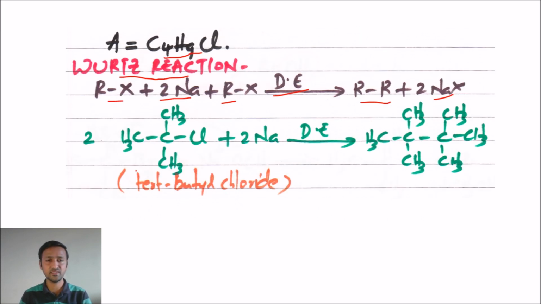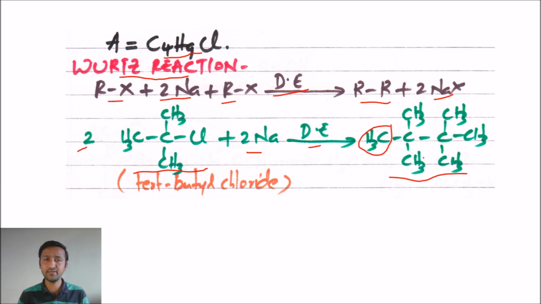We should start with tertiary butyl chloride. If you take 2 moles of tertiary butyl chloride upon reaction with sodium metal in the presence of dry ether, you'll get formation of 2,2,3,3-tetramethylbutane. In this structure, all methyls are the same, in the same chemical environment, or you can take it as all hydrogen atoms being equivalent.